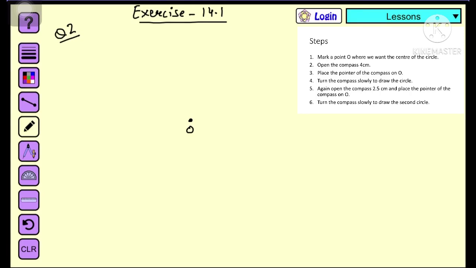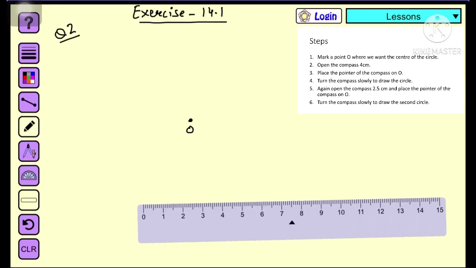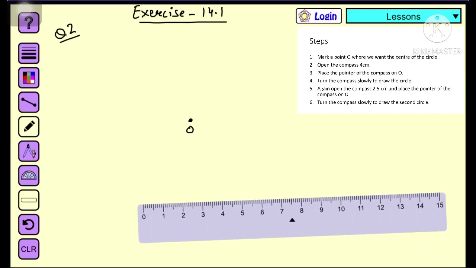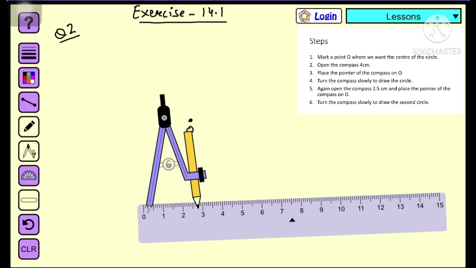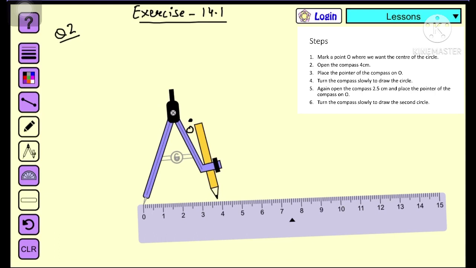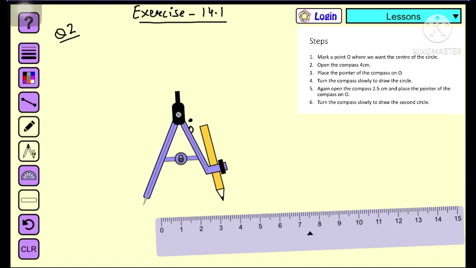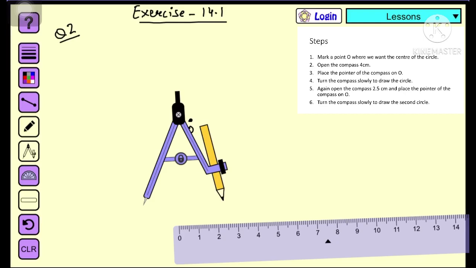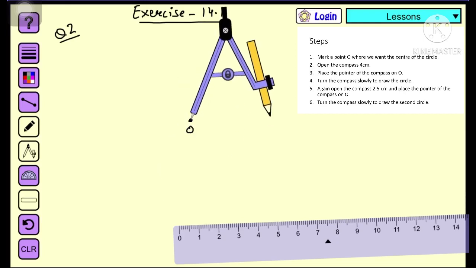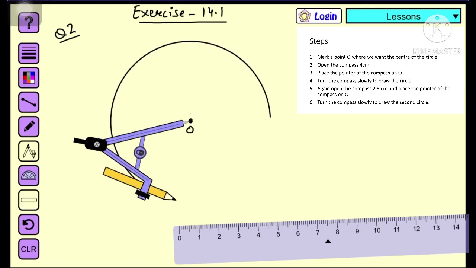Now the second step is to open the compass of radius 4 centimeter, like this. Third step, place the pointer of the compass at O. In the fourth step, turn the compass slowly to draw the circle.